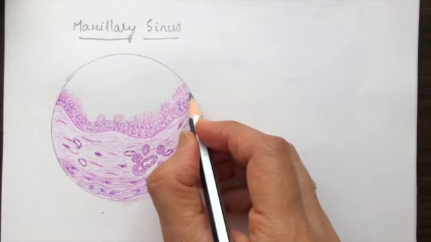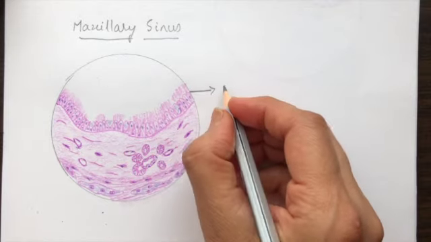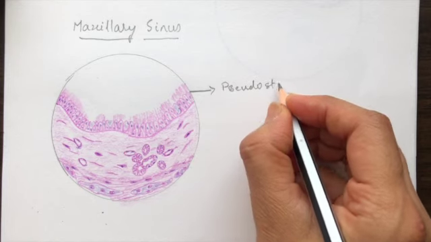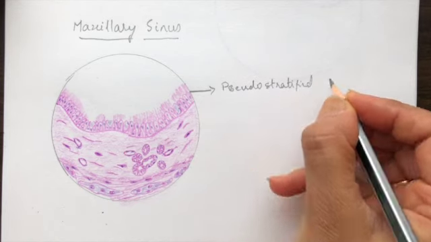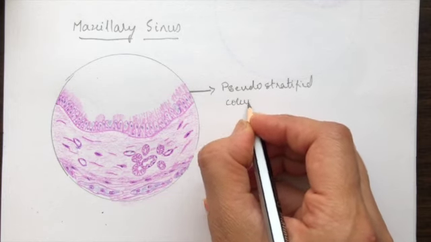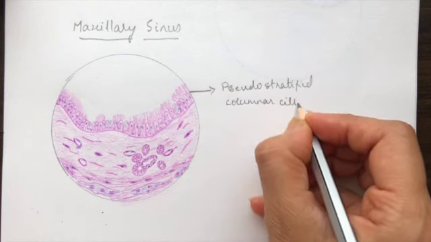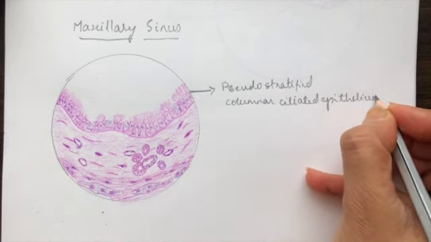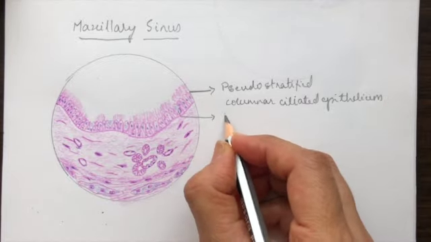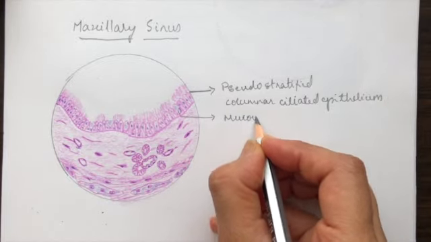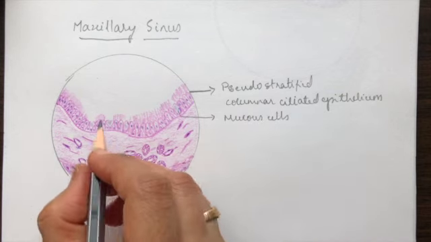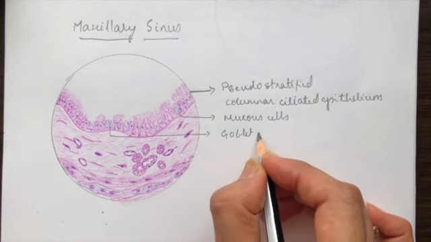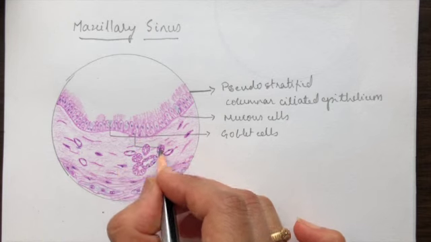Here is the epithelial layer consisting of pseudostratified ciliated columnar epithelium. Mucus cells, a few goblet cells, we can even label the basal cells.